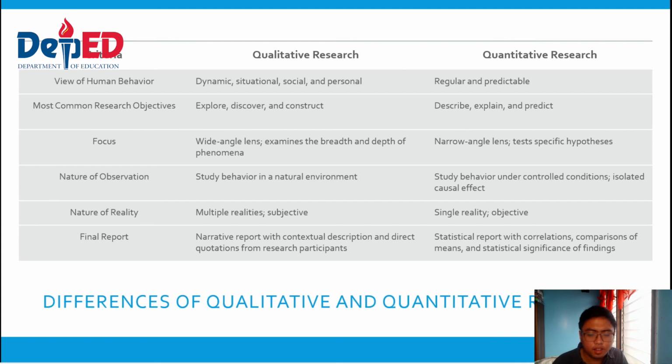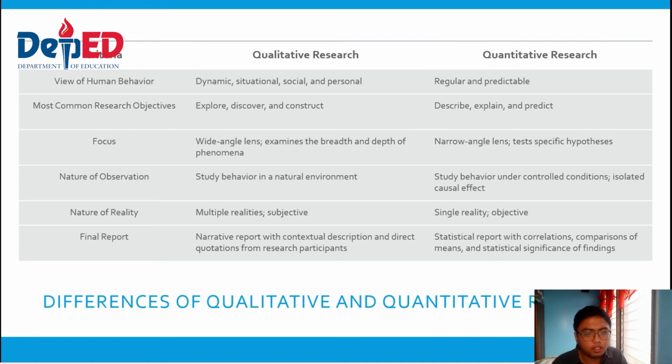Okay, if you notice, mas malawak ang sakop ni Quali when it comes to getting an idea on the phenomena. While sa quantitative research, you may test only the hypothesis on a given group of people. Okay? Mas konti ang isipin mo. Pero marami kang population.